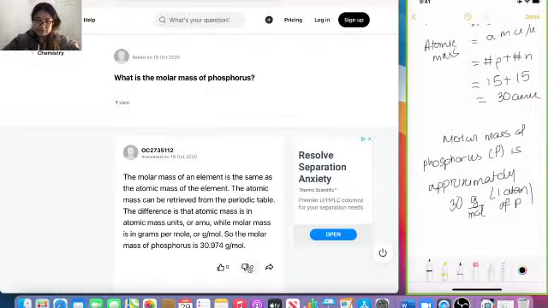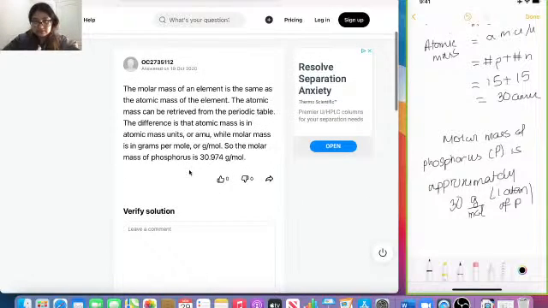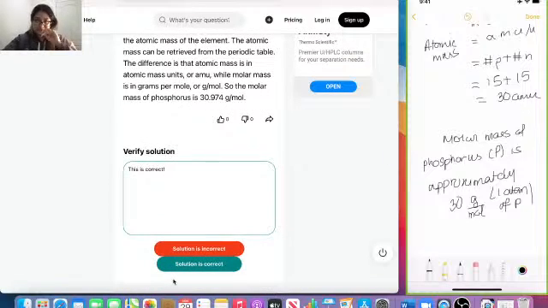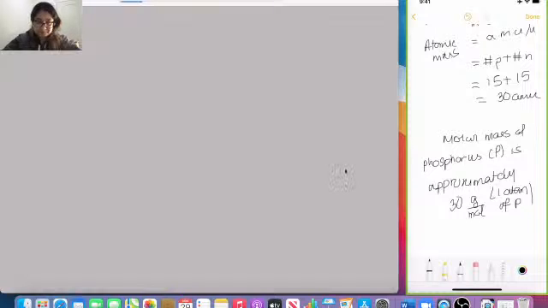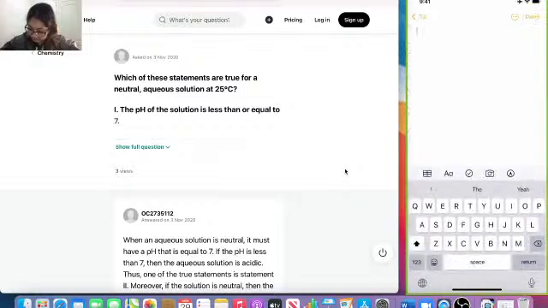It's approximate, but the actual molar mass is given in your periodic table, and this is the way you can find the molar mass. So this is correct. It depends on if you round your number or not. I would suggest not rounding your number and just keeping it exact. Okay. Next question.